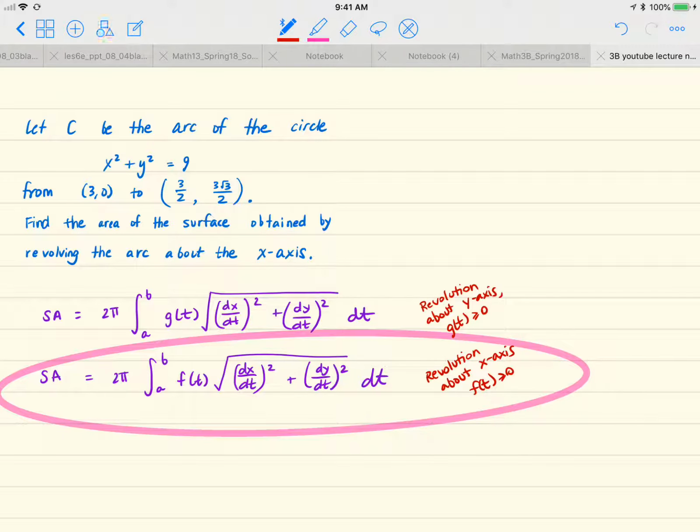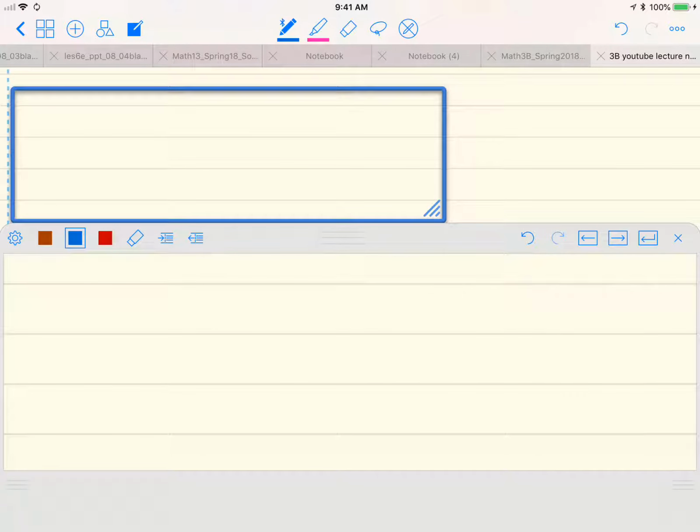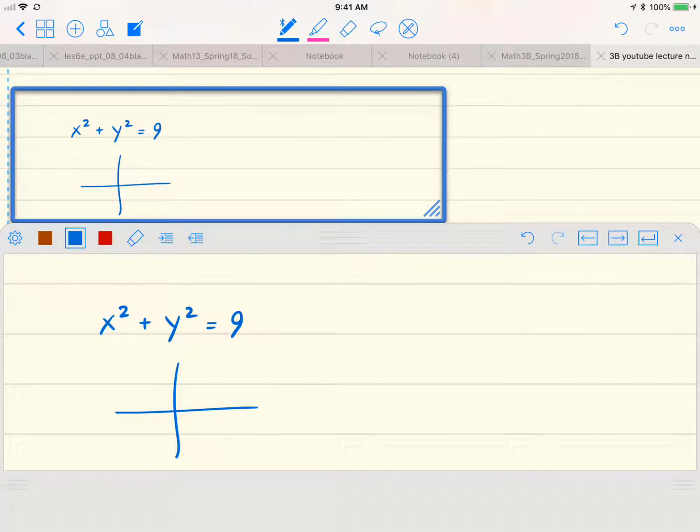So we're told that the arc is part of a circle, and the circle is x squared plus y squared equals 9. So we know that that is going to be a circle of radius 3 centered at the origin.